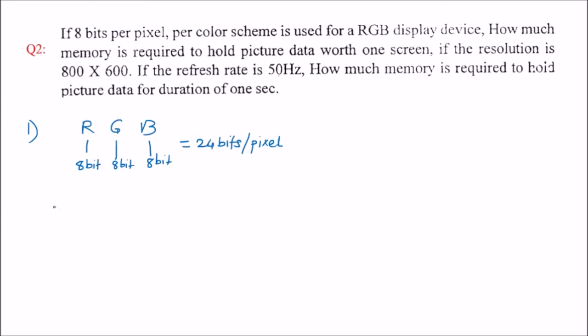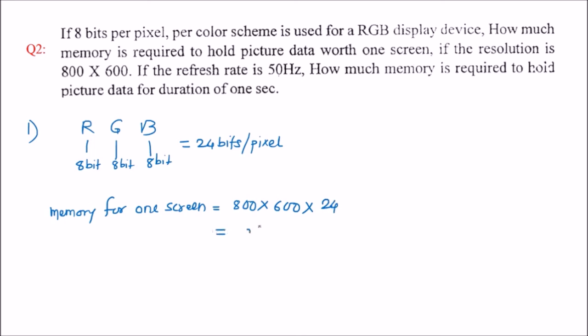So the memory for one screen is equal to, first of all, resolution multiplied by the number of bits per pixel. So resolution is 800 by 600 multiplied by 24 bits per pixel.